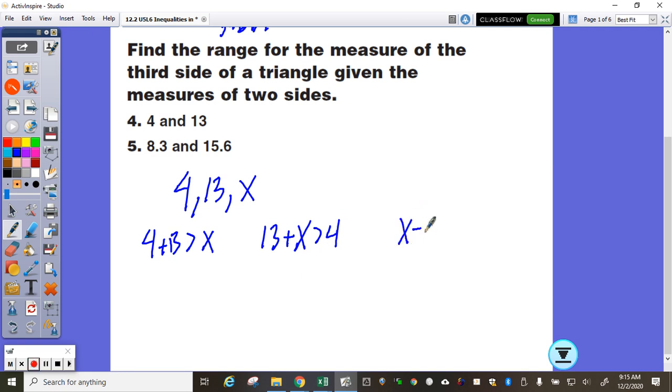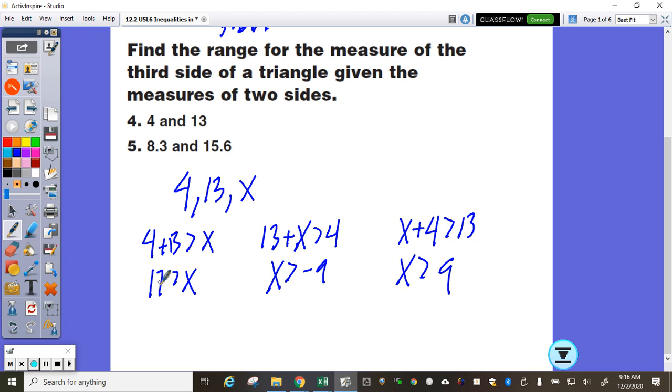And x plus 4 has to be greater than 13. So if I solve all of these, I have 17 is greater than x. I have x is greater than negative 9 when I subtract 13. When I subtract the 4, x is greater than 9.